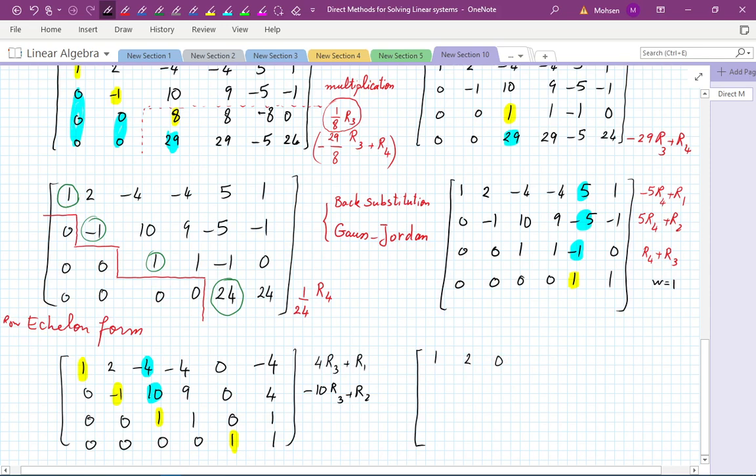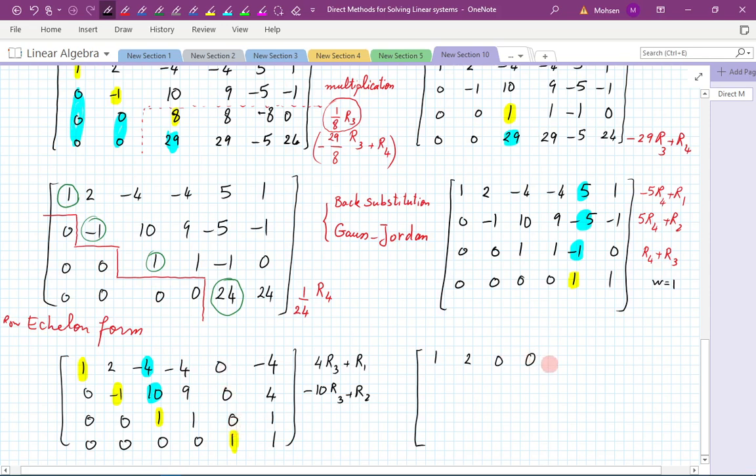0, so 1, 2, 0, and so I'm multiplying this thing by 4 and adding to this. This turns this into 0. 4 times 1 and a 1, that also becomes 0 accidentally.